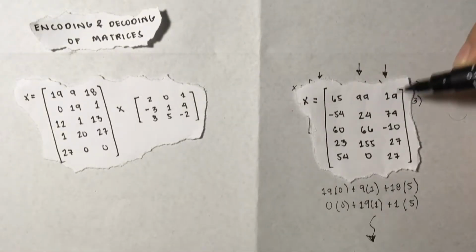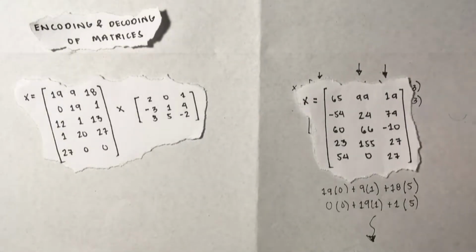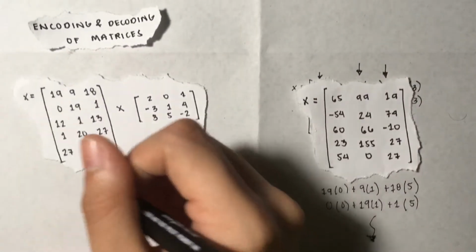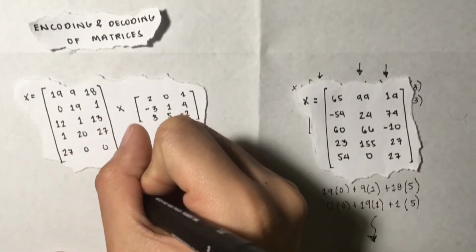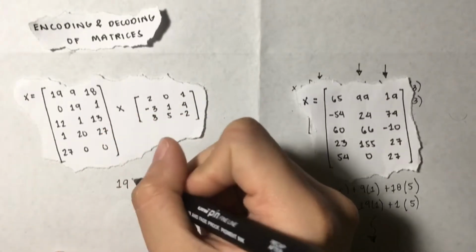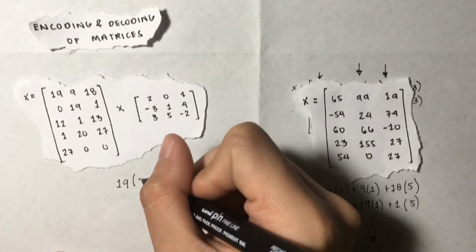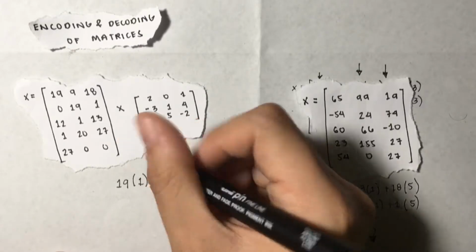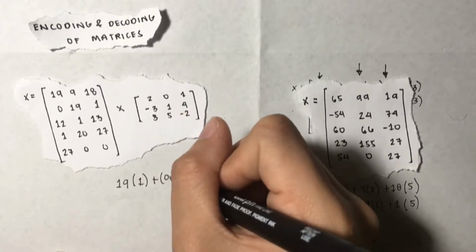Moving on to the third column, we'll still be doing the same procedure, but with the third column of the encoding matrix. So all the rows found on the translated message are again multiplied by the values found on the third column.